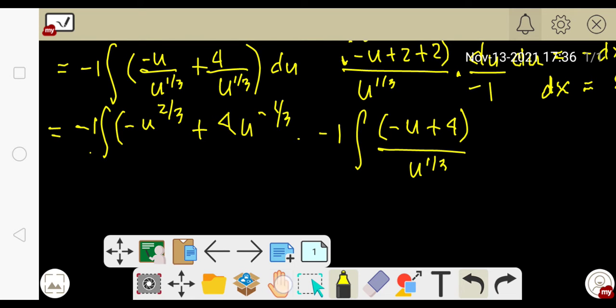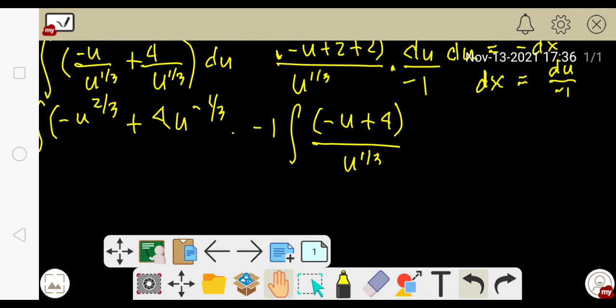I just rewrite it because it appears easier. So times du again.